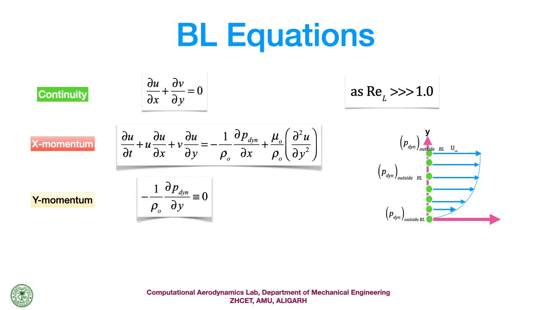If you are outside the boundary layer, that is, when u is equal to u infinity, the p dynamic outside the boundary layer doesn't have a variation in the y direction, so the pressure outside the boundary layer will be the same inside the boundary layer.